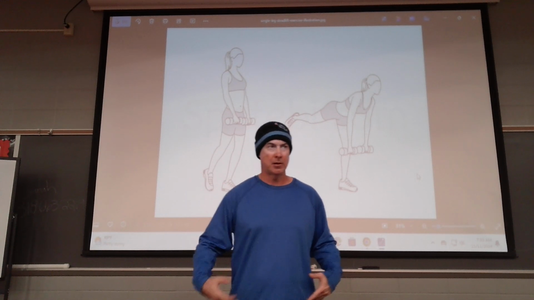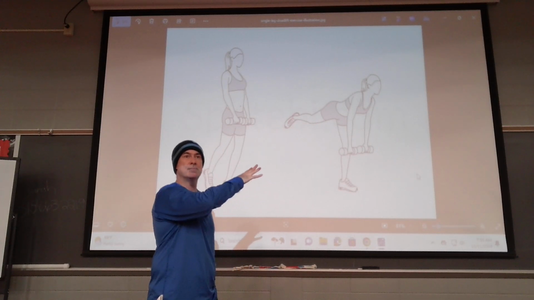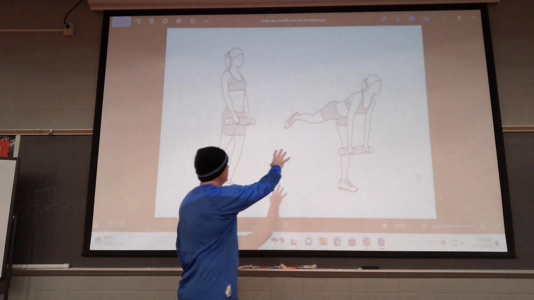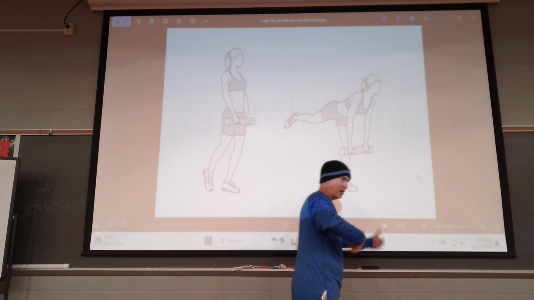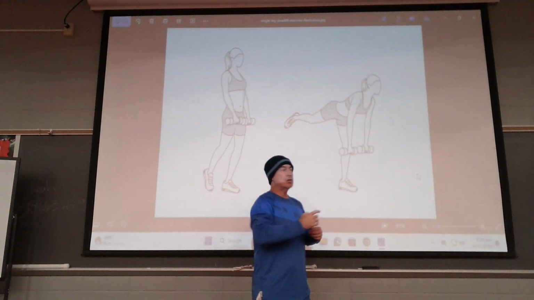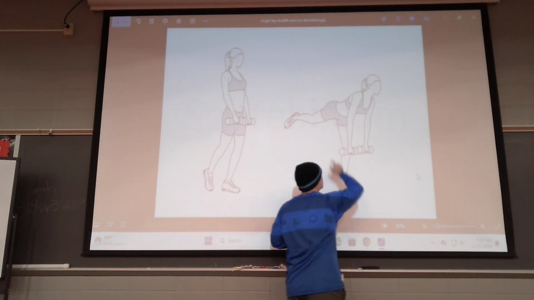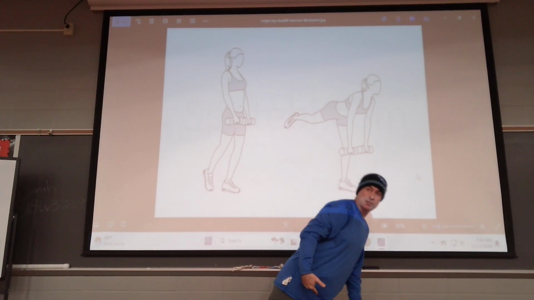Does that make sense? So as in this example that we've seen many times, what is gravity trying to do to my pelvis? It's trying to anteriorly rotate my pelvis, but it's also trying to flex my left hip, right? Gravity's trying to flex my left hip.